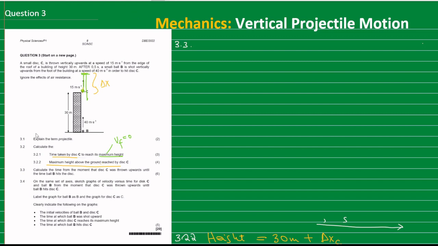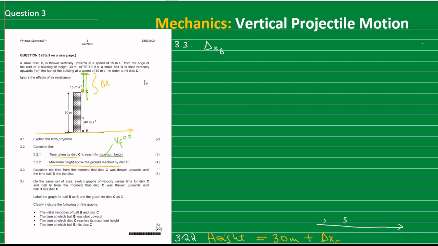So ball B is going to be thrown from its initial position, and we are going to consider the displacement of ball B. Let's call that delta XB, which is the displacement of ball B.